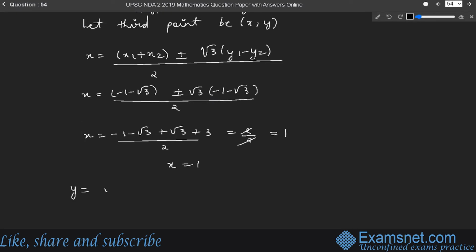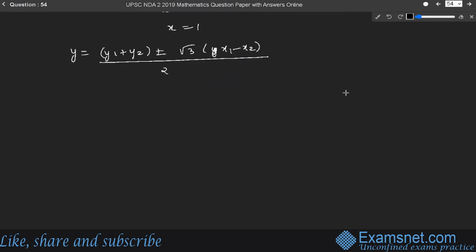Now y will be equal to (y1 plus y2 plus or minus √3 into (x1 minus x2)) whole divided by 2. So y will be equal to (-1 plus √3 plus or minus √3 into (-1 plus √3)) whole divided by 2.